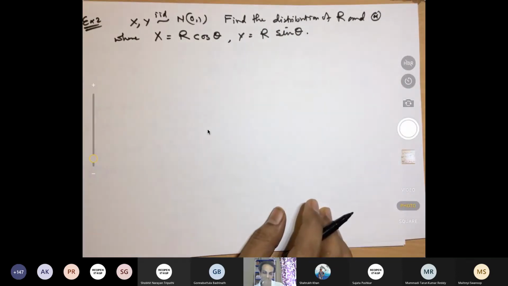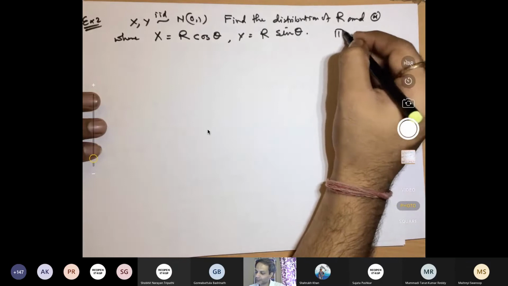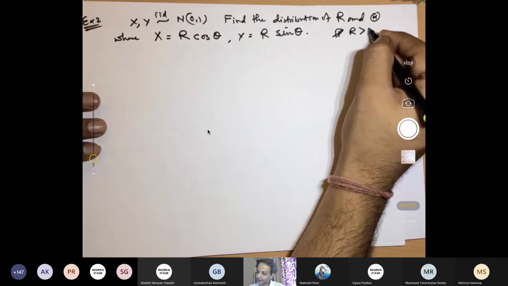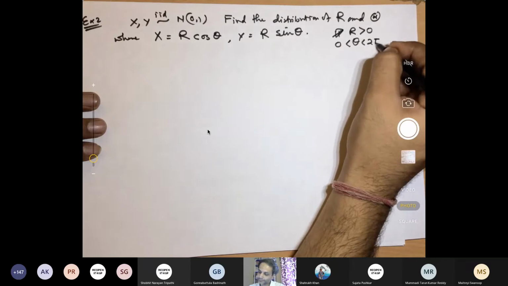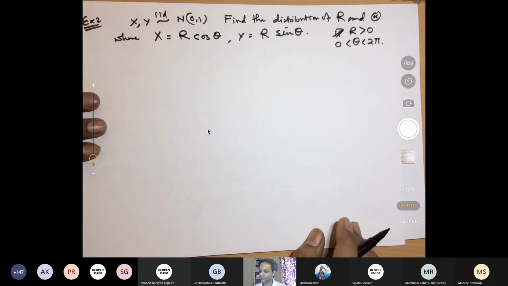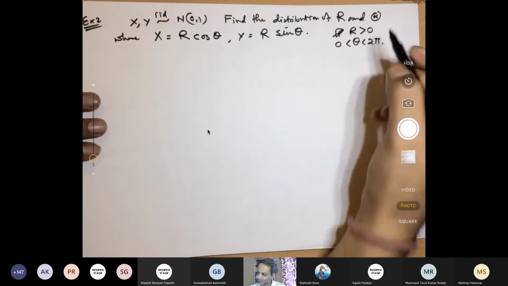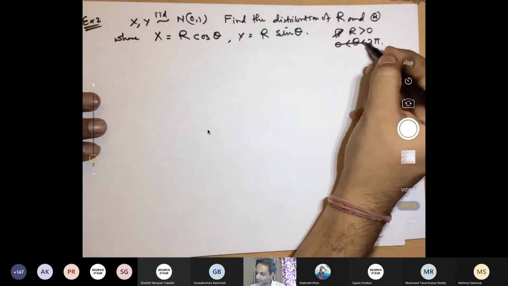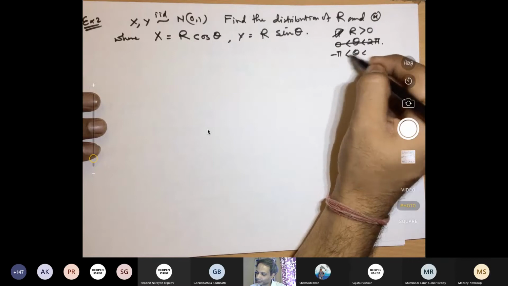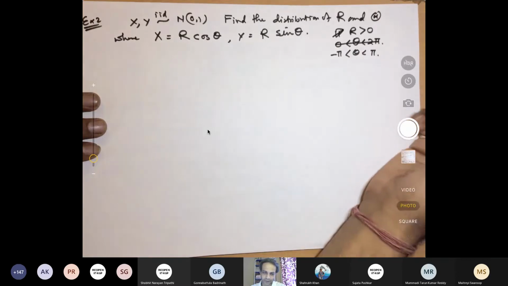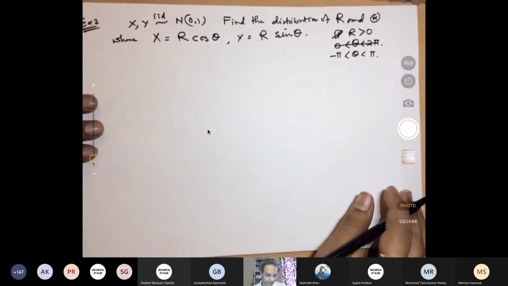Okay. Definitely r is greater than 0, theta belongs to 0 to 2 pi, or maybe you can take it from minus pi to plus pi, that is also okay. Whichever way you want, please take it, no problem.